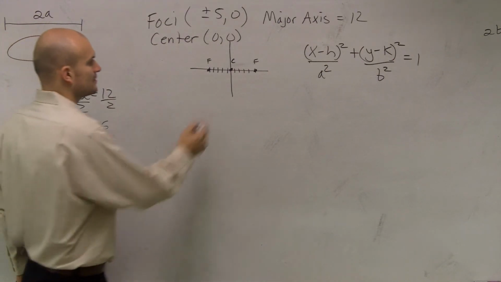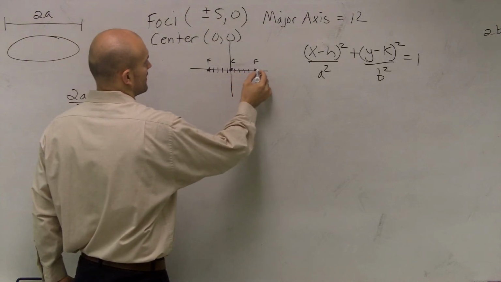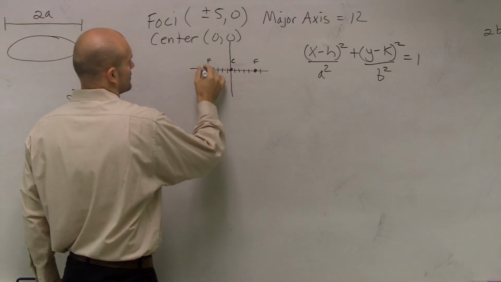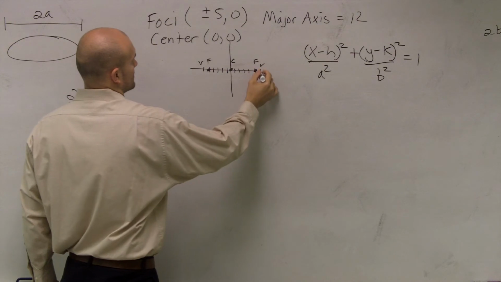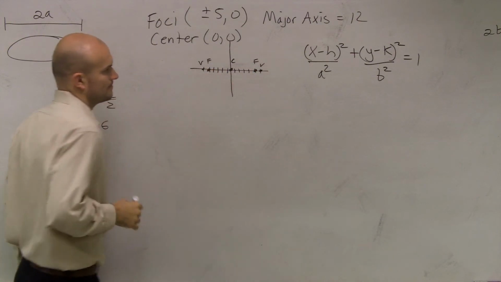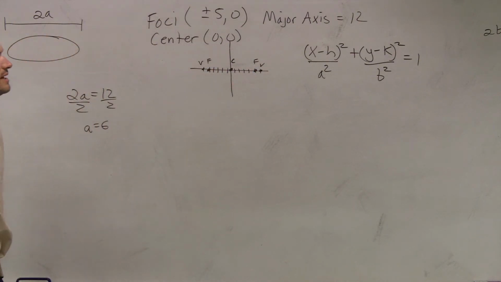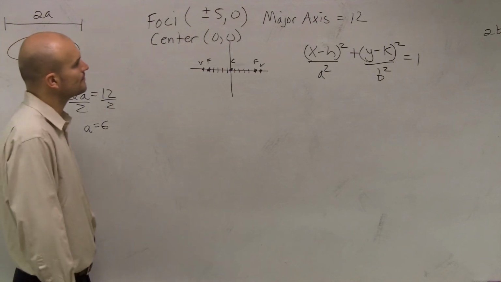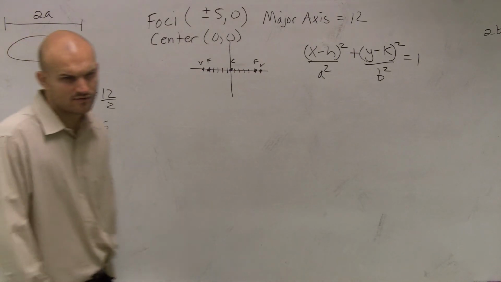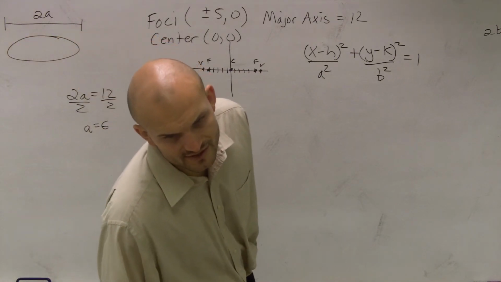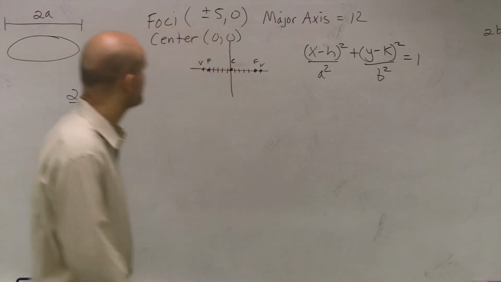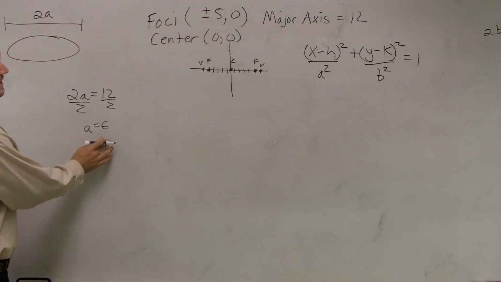So now we have a equals 6, and I can even plot those. 1, 2, 3, 4, 5, 6. So that's my vertex and my vertex. What we need to do now is find the standard form of the equation. We know what a is.